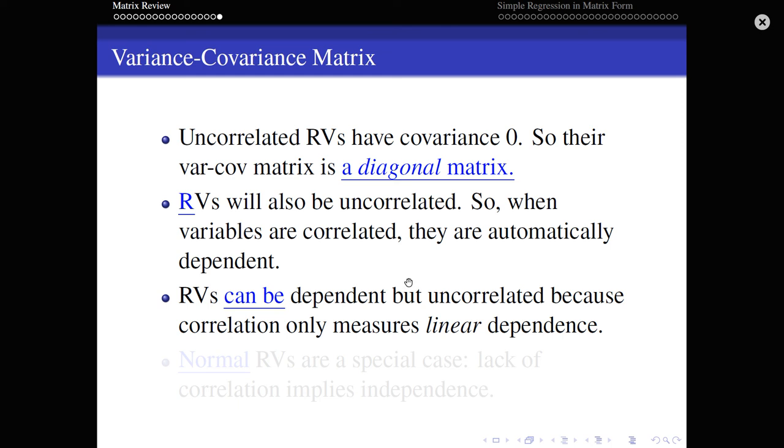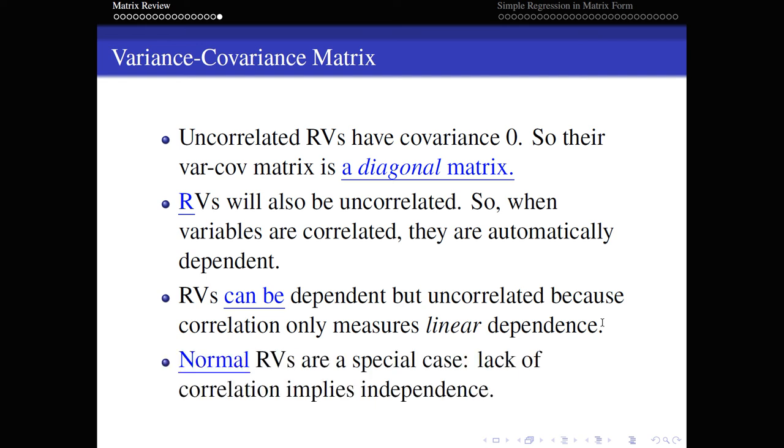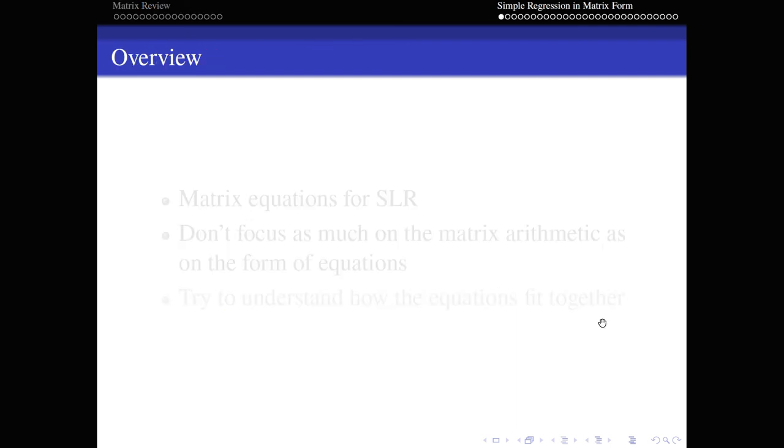Now, random variables can be dependent but uncorrelated, and this comes from the fact that correlation looks at linear dependence. Recall how we discussed the difference between linear and nonlinear relationships back in the very first chapter on correlation. Now, normal random variables are a special case. If we have a lack of correlation, this does imply independence, at least for the sake of our arguments in this format.